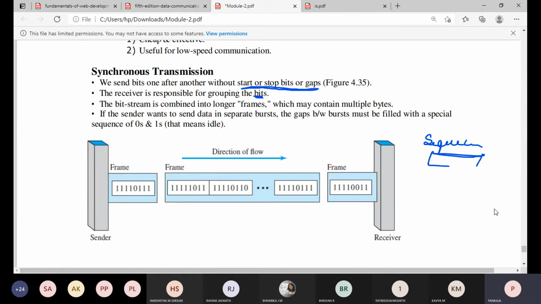If it contains more than 1 byte of information, you group them to form a frame, and each frame is sent at a time. You can just observe: this is a frame containing a set of bytes, and the bits are transmitted one by one. Here you are not adding any extra bits. The transmission takes place according to the timing information, the clock information.